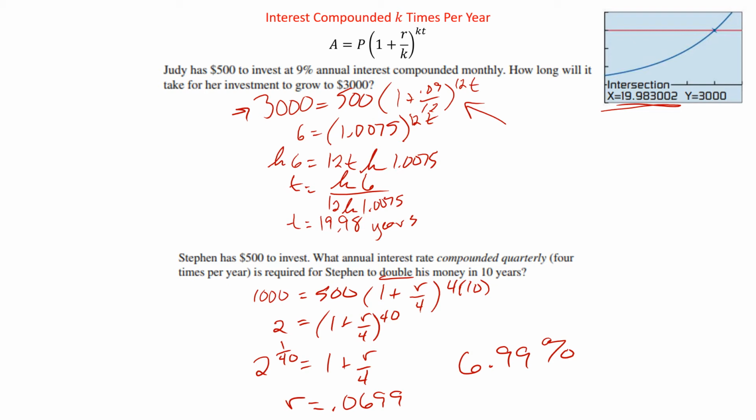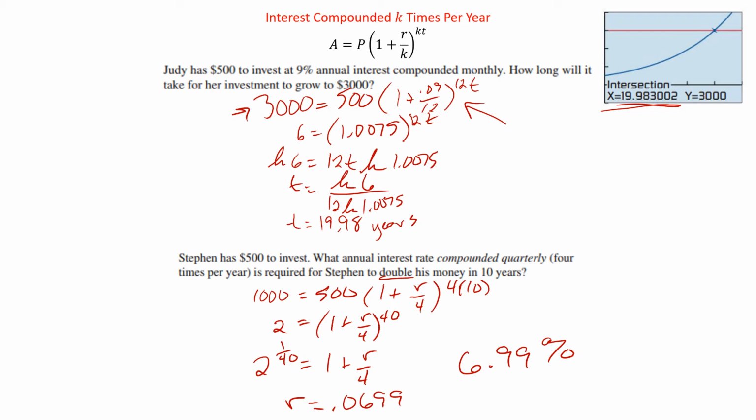Now, if it was compounded monthly, do you think the rate would have to be lower or higher? A lower rate would actually work because you'd get to be taking percentages of bigger numbers quicker. So the more it's compounded, the lower the rate needs to be.